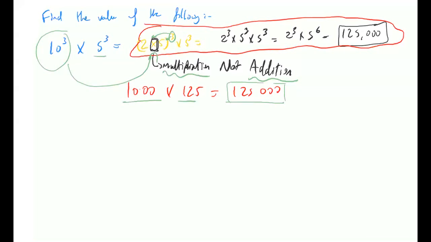It's clear. Okay, let's take a harder example: 6 power 3, 4 power 4 times 6 power 3 times 4 power 9 over 6 power 8 times 4 power 8.